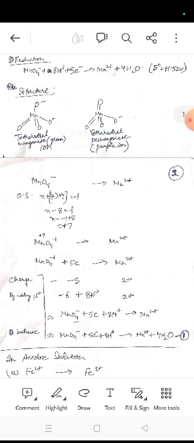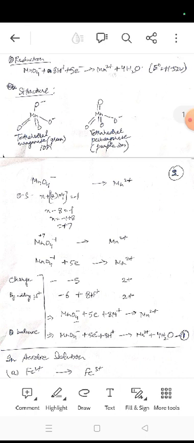Then we will calculate the charges. Here minus 1 on permanganate and 5 electrons, so total minus 6, and on the other side it is 2 positive. Now in acidic medium, how much extra positive charge should I add to get the 2 positive on the other side? 8H+ minus 6 gives you 2 positive.